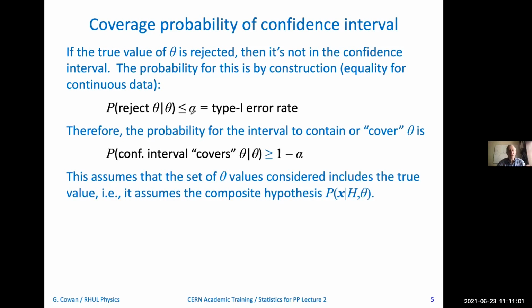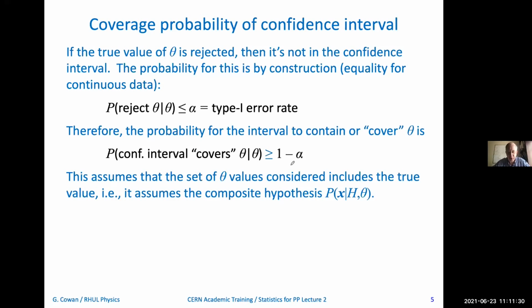That means that the probability for the interval to include the true value of the parameter has to be 1 minus that. Right? So in other words, if there's a probability of alpha that the true value is not in the interval, there's a probability of 1 minus alpha that the true value is in the interval. And we say that in that case, the confidence interval covers or includes the true value of the parameter with this property at least equal to the confidence level.